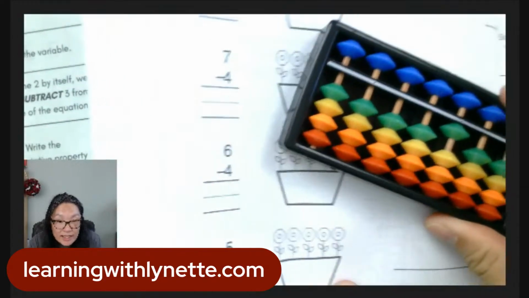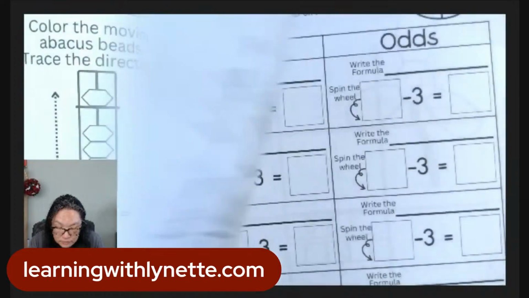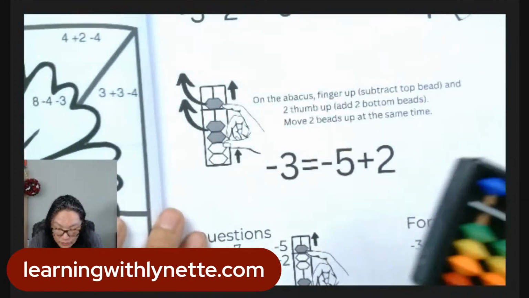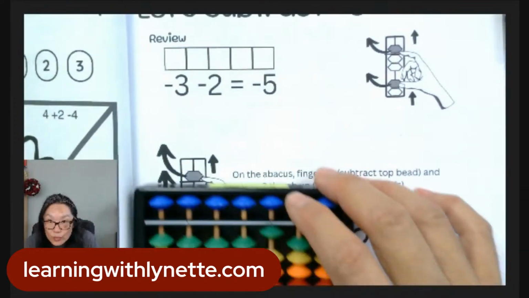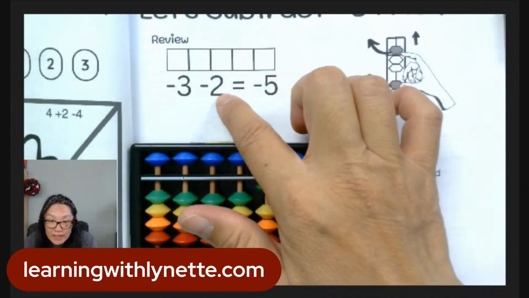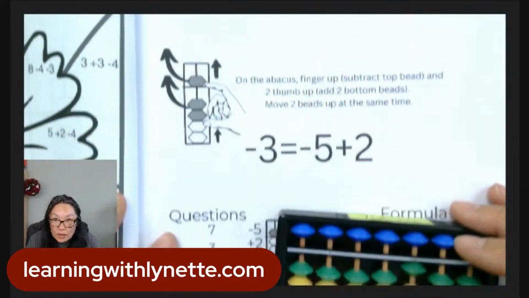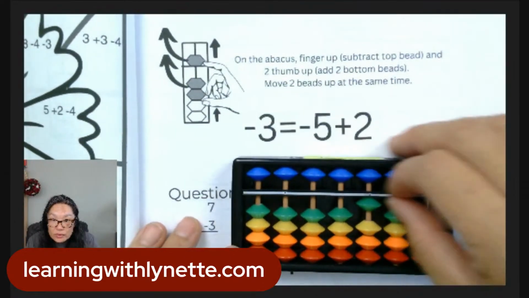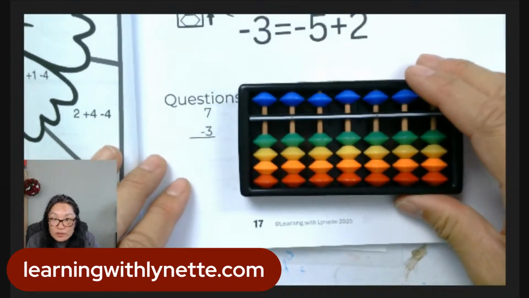And we could do it again with the 3. So when we have 3, that is our formula. We start with minus 3 minus 2 equals minus 5. When we look, we want to minus the 5 plus the 2. Here's my question.